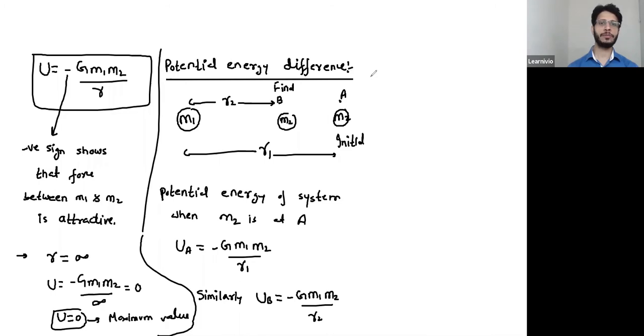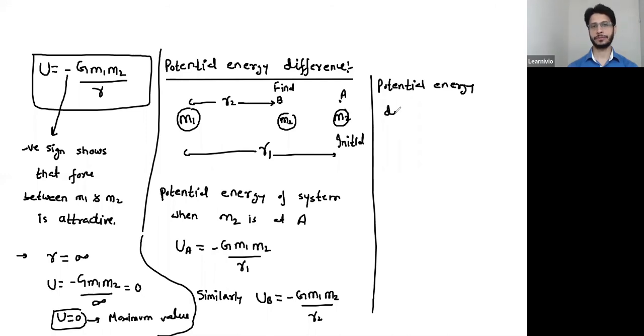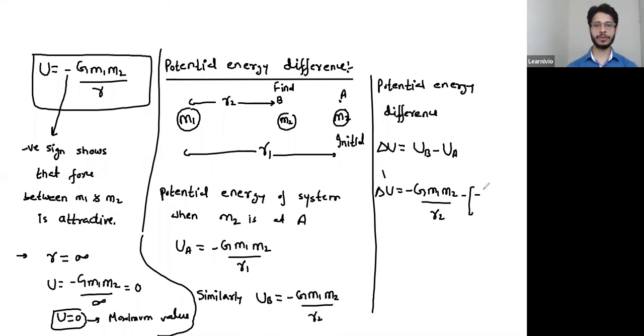You're supposed to calculate the potential energy difference. This we can write as delta U, which is always final potential energy minus initial. So you can write this as UB, which is minus G M1 M2 by R2, minus UA, which is minus G M1 M2 by R1.